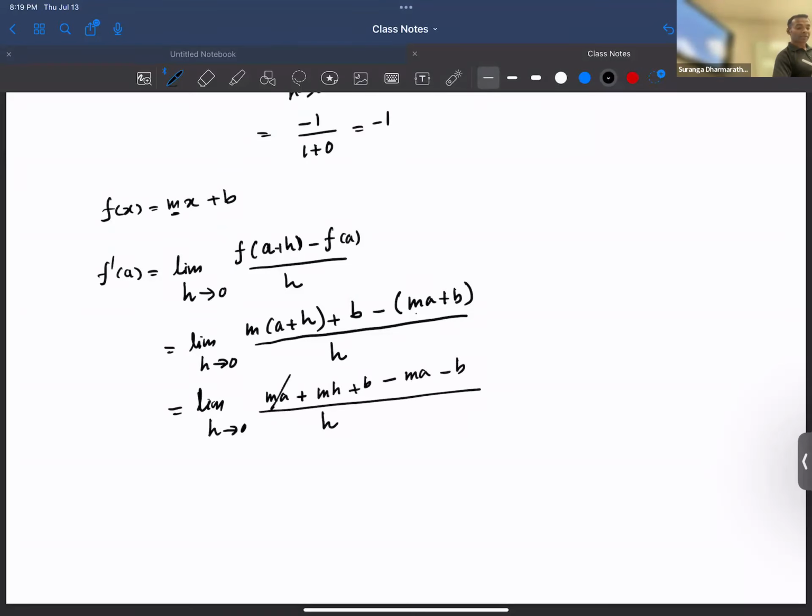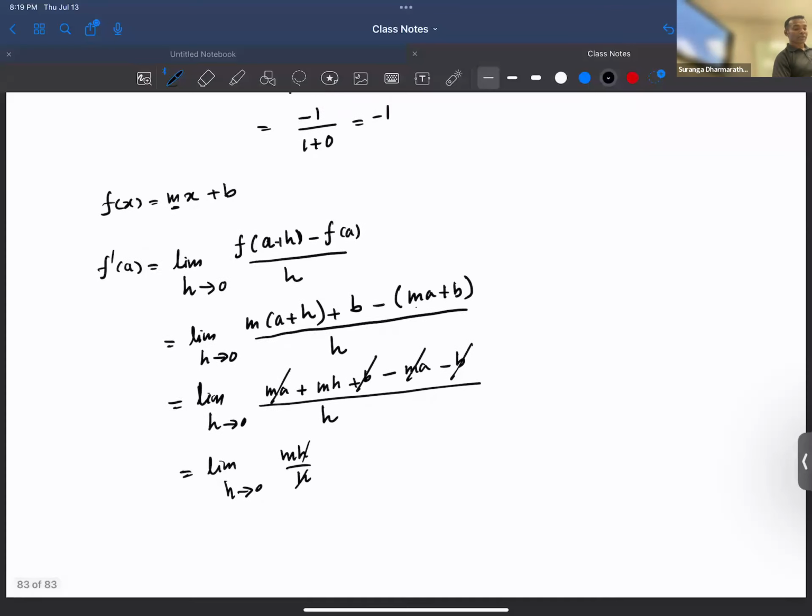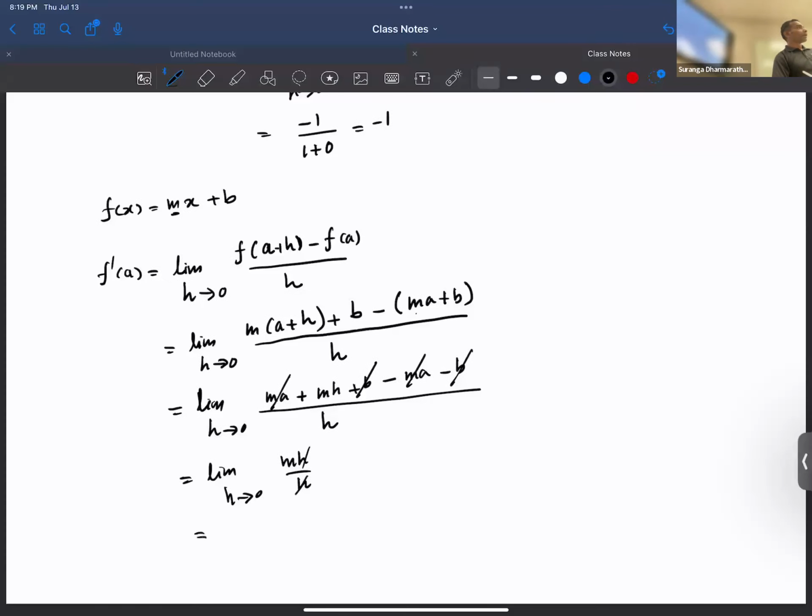So ma cancels with negative ma, positive b cancels with negative b, and h cancels with h. You have limit h goes to 0, mh divided by h. So if we divide mh by h, what do you have? M. What is m? M is a constant, right? Slope. It's a constant for a linear function, right?